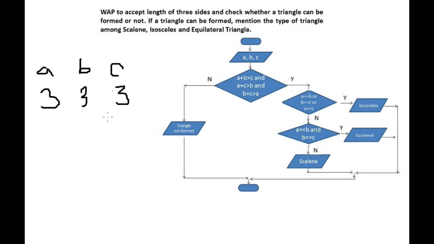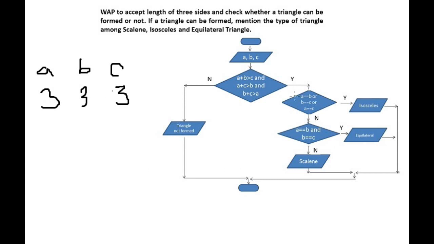Now in the previous flowchart, it was showing us exactly correct output all the time. But now let us see whether this shows the correct result or not. Now A plus B greater than C, yes, it is going to be greater in any case, because A plus B or A plus C or B plus C, anyway it is going to be 6 and 6 is always greater than 3. So triangle is possible.